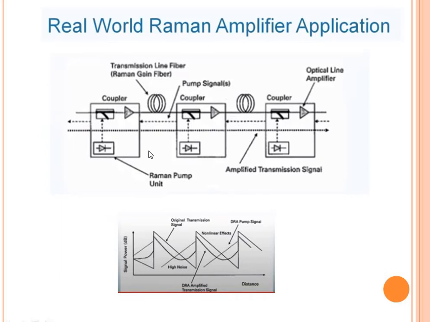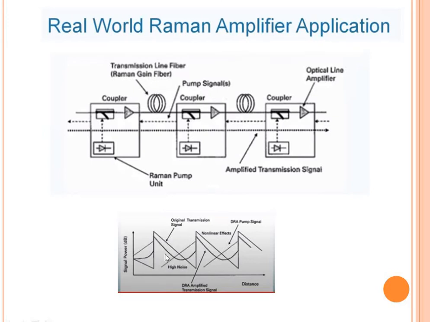As shown here, distributed Raman amplifiers amplify the signal in the backward direction, and EDFA amplifiers amplify the signal in the forward direction. The corresponding signal power level is shown in this picture.